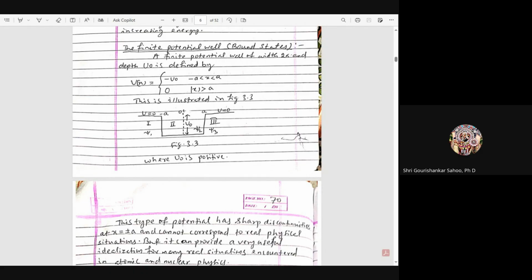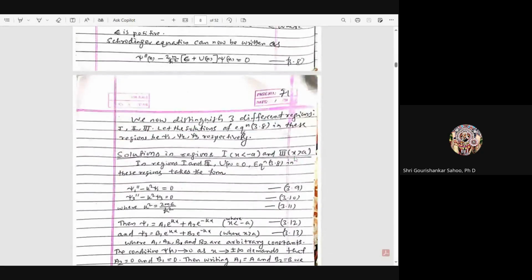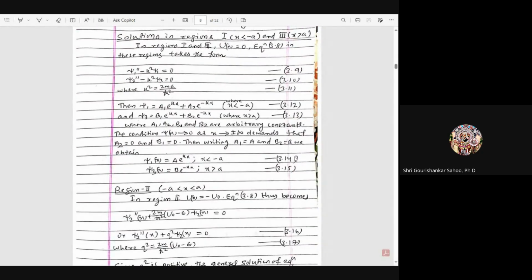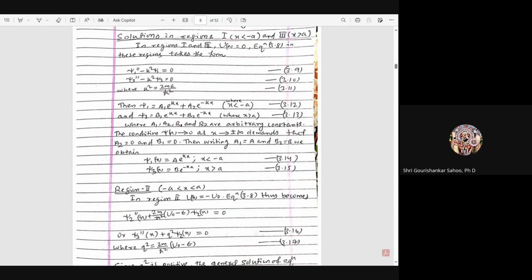So psi 1 can be written as a1 e to the power kx plus a2 e to the power minus kx, where x is smaller than minus a. And psi 3 is equal to b1 e to the power kx plus b2 e to the power minus kx, where a1, a2, b1 and b2 are arbitrary constants.